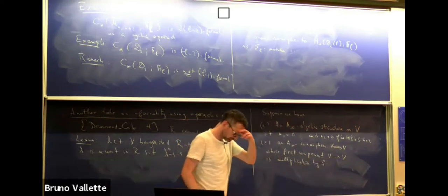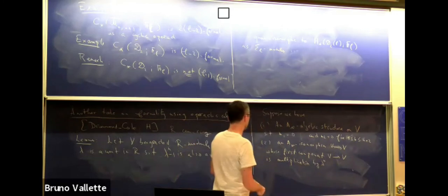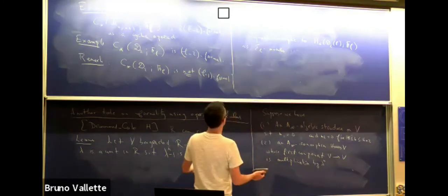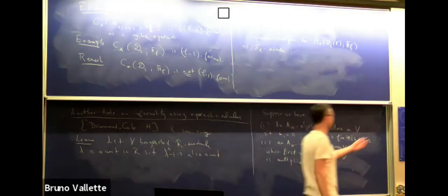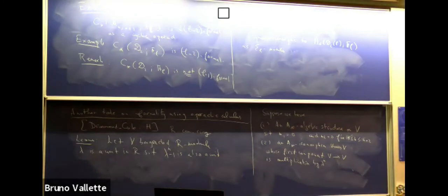So if we have these two pieces of data, we can change the infinity structure to make the next operation be 0.